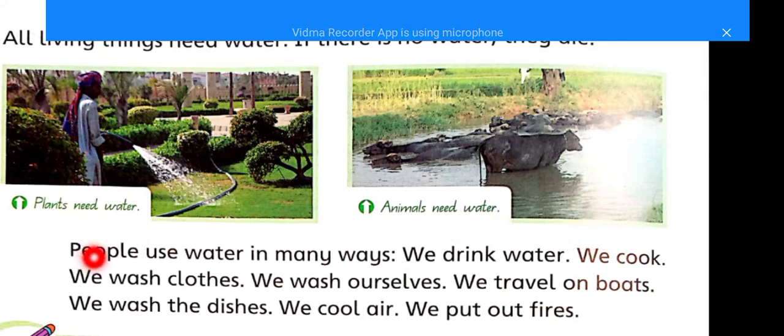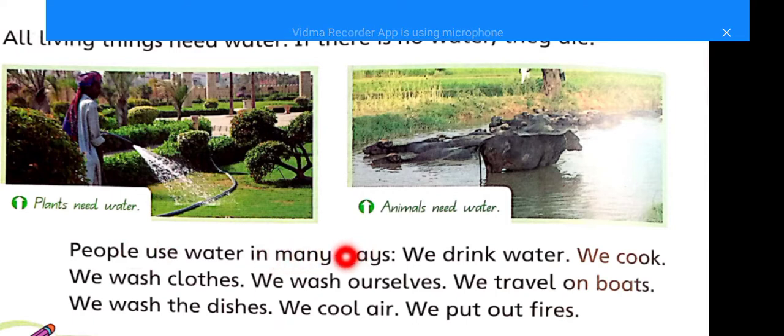Next point is that we wash clothes. We all know that without water we can't wash anything. Always we are using water to wash something, and if we will not have water, we can't even wash our dirty clothes. Next point, we wash ourselves.